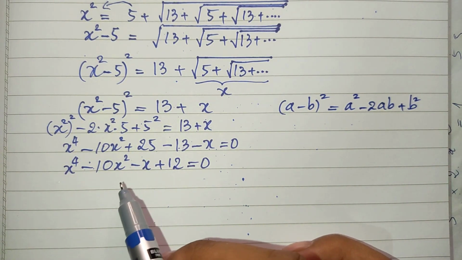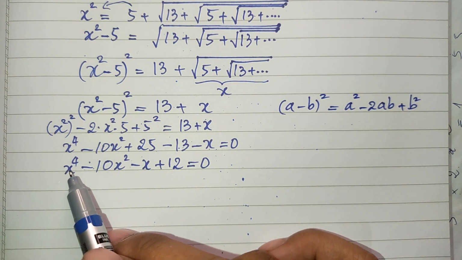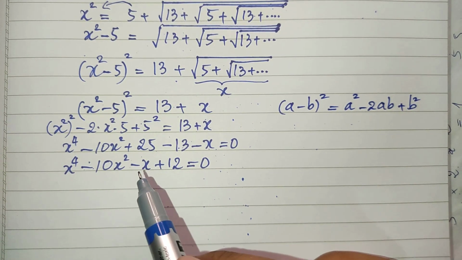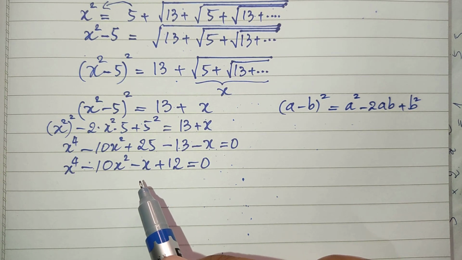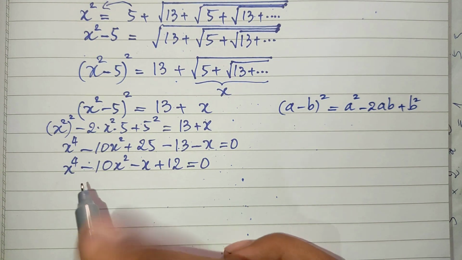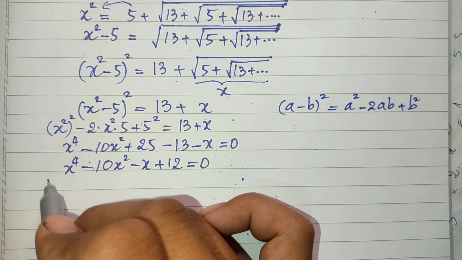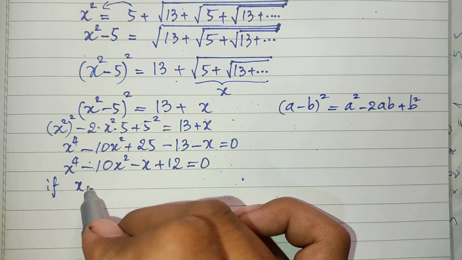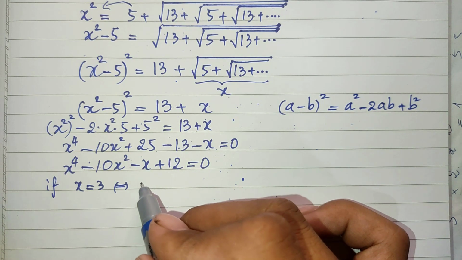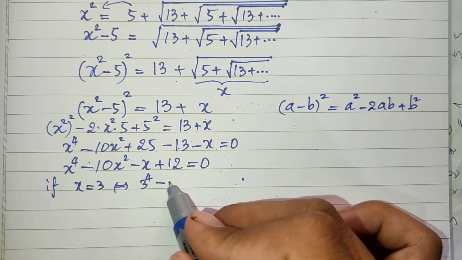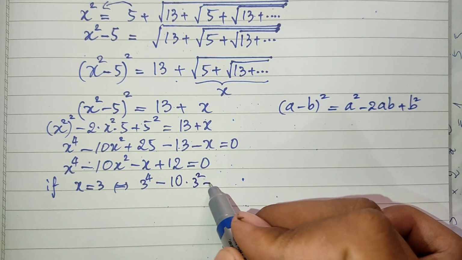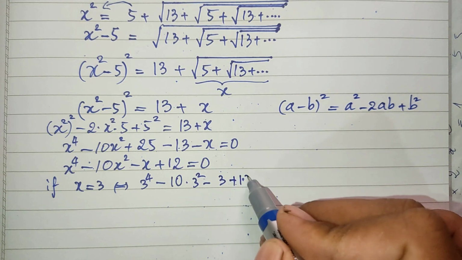To solve this equation, which has degree 4, we take the factors. Now I replace h by 3. If h equals 3, we get 3 to the power 4 minus 10 times 3 squared minus 3 plus 12. So 3 to the power 4 is 81, and 3 squared is 9, multiplied by 10 we get 90, minus 3 and plus 12.